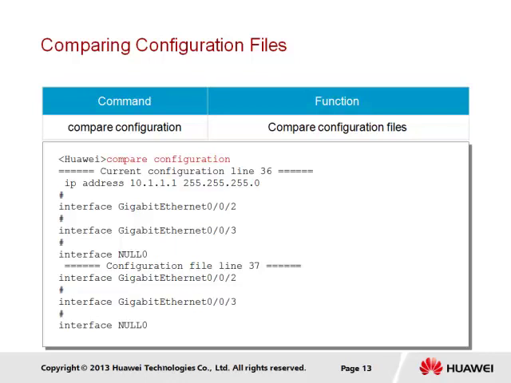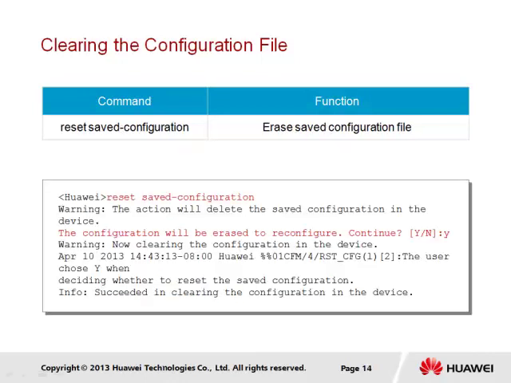This allows a line-by-line comparison of changes between the current configuration file and the next startup configuration file. If a configuration file is specified in the command, the current configuration file will be compared against the configuration file that has been specified.